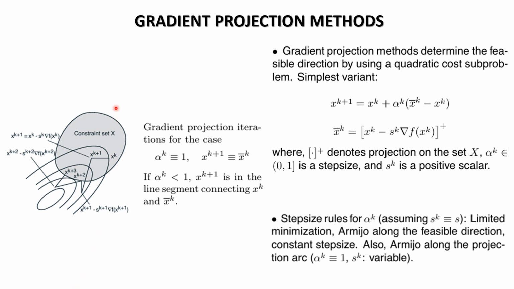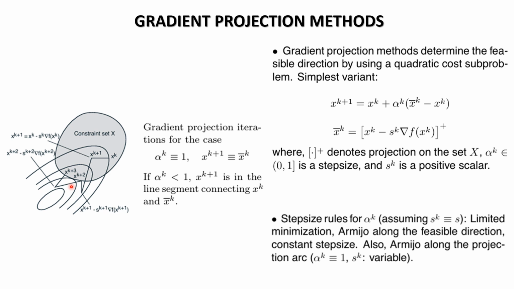And to move toward the projection, we can update: either go all the way to x bar, alpha k equal to 1, or move part way toward it, with alpha k from the segment 0 to 1.